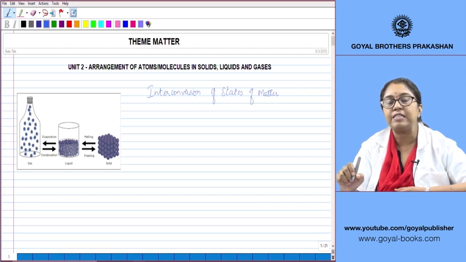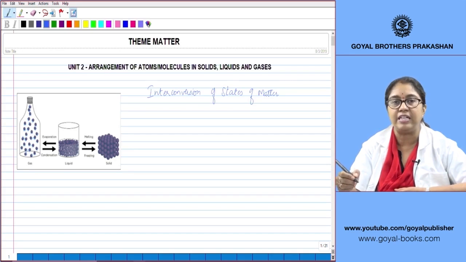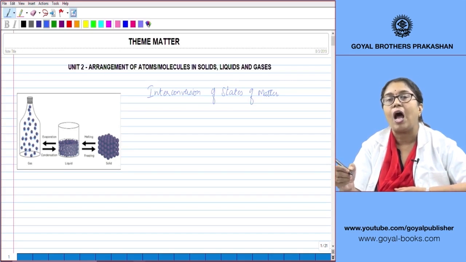Now, one physical state of matter can be converted to the other physical state by bringing about a change in temperature, that is, either by supplying heat energy or by removing heat energy. How much energy is required to change one state of matter to the other depends upon the intermolecular forces of attraction.